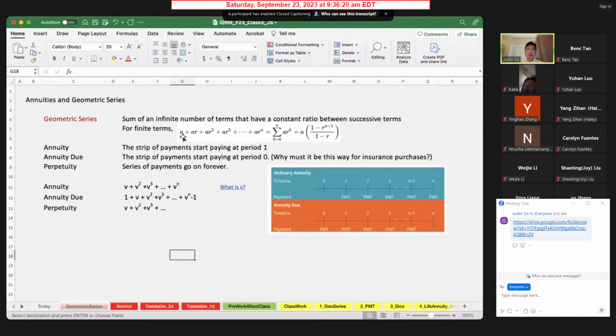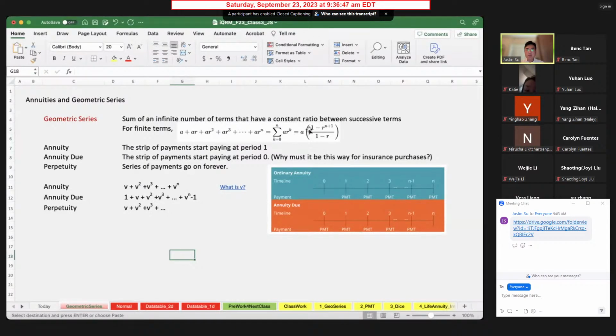The question here is, how can we express this sum in a simpler way? First you use this aggregation sign, sigma, and then AR to the K, K starting from 0 to N. So this is the expression, but it can be expressed in a much simpler way, like this.